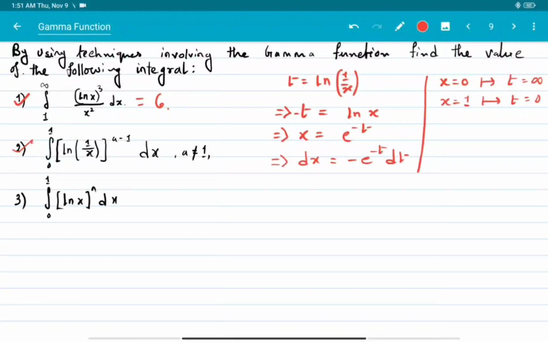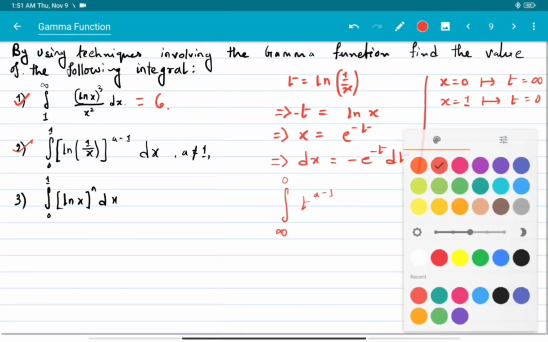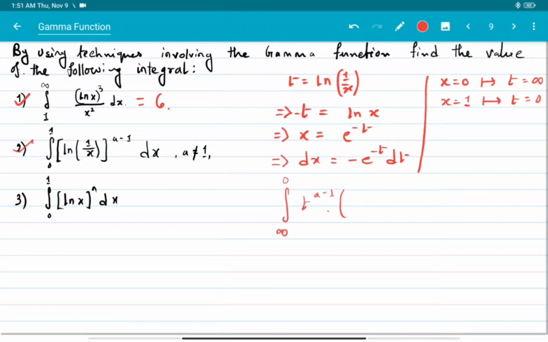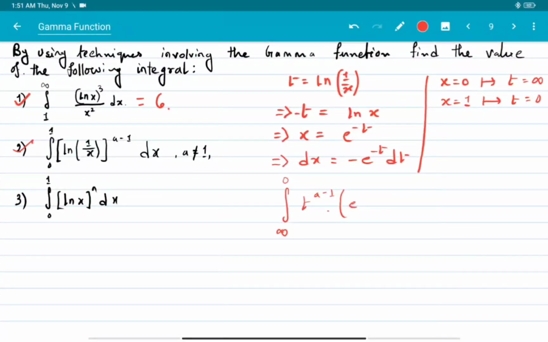So it will be infinity to 0, t to the power a minus 1, e to the power minus t, and this is minus e to the power minus t dt.